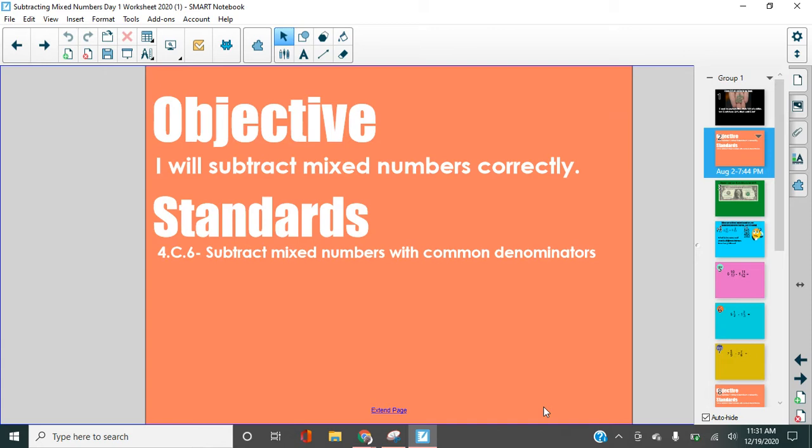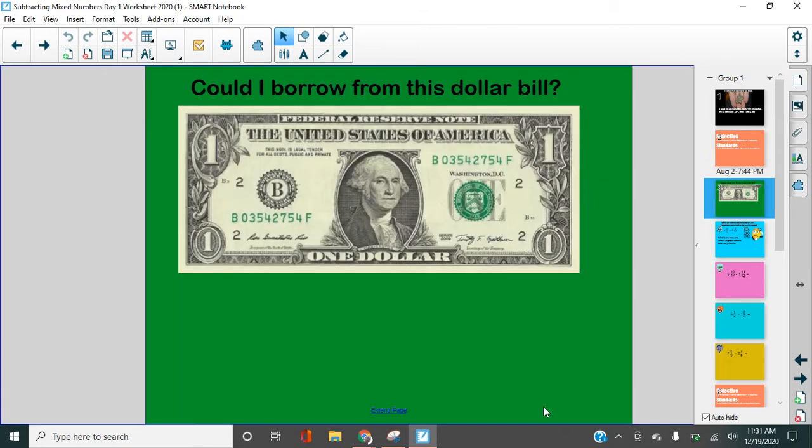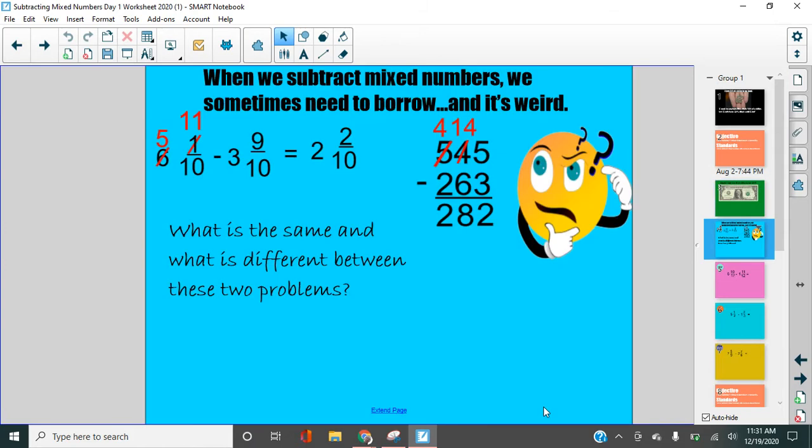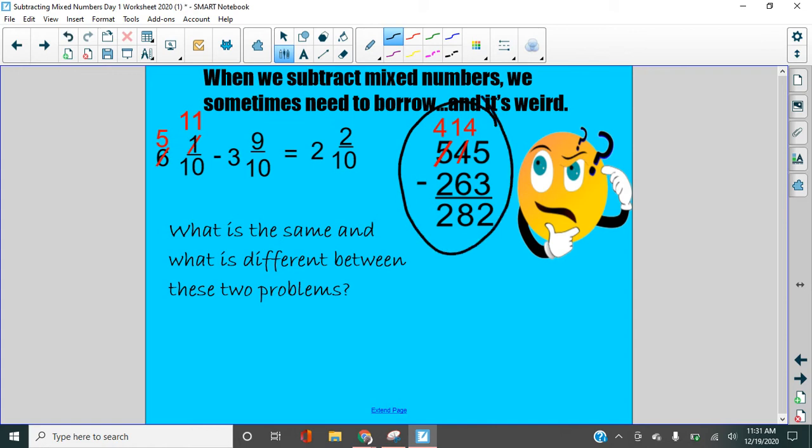Now, the reason we spend 2 days on this is because I know adding fractions, earlier, probably last week or maybe earlier this week, probably went pretty quickly for you, and you're like, oh, okay, I got this. Subtracting fractions can be a little bit more tricky. Just like when we subtract whole numbers, we have to borrow sometimes, we also have to borrow sometimes when we are subtracting mixed numbers.